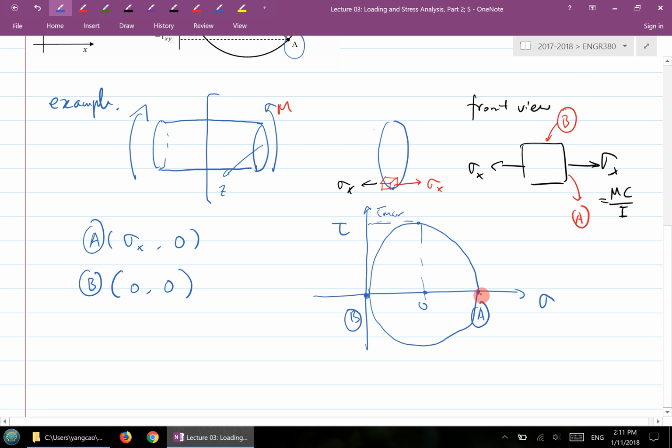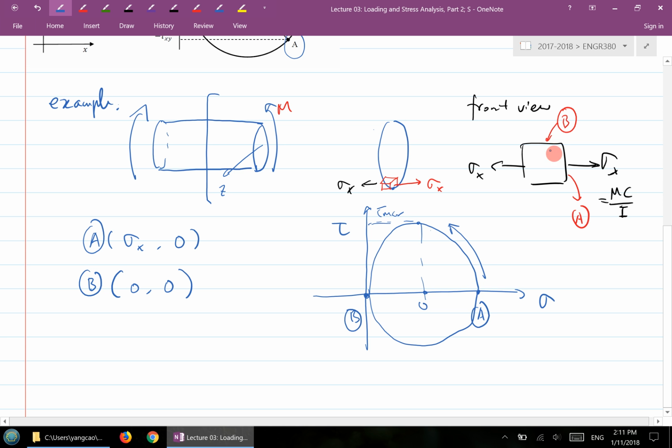Now, if somebody asks you what orientation I should rotate to so that we can achieve this principal shear stress from the current state of stress, you see that I'm going to have to rotate from this A to this location. By how much angle, as we just said? 45 degrees.